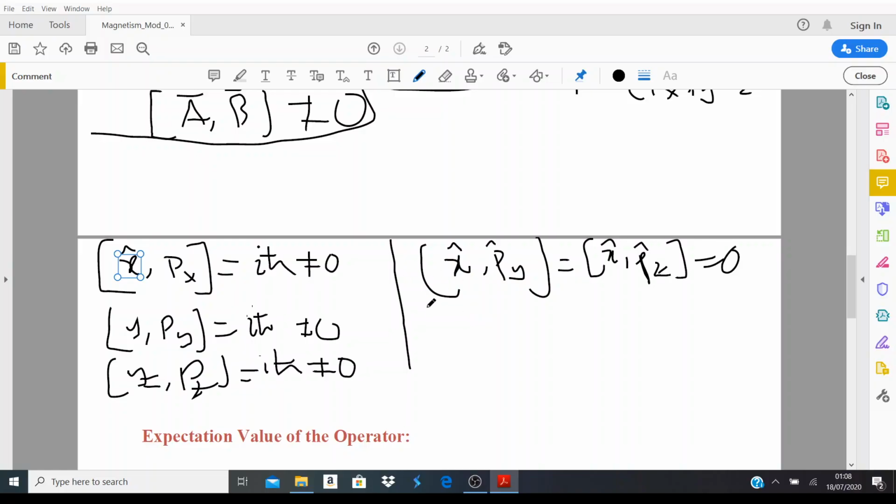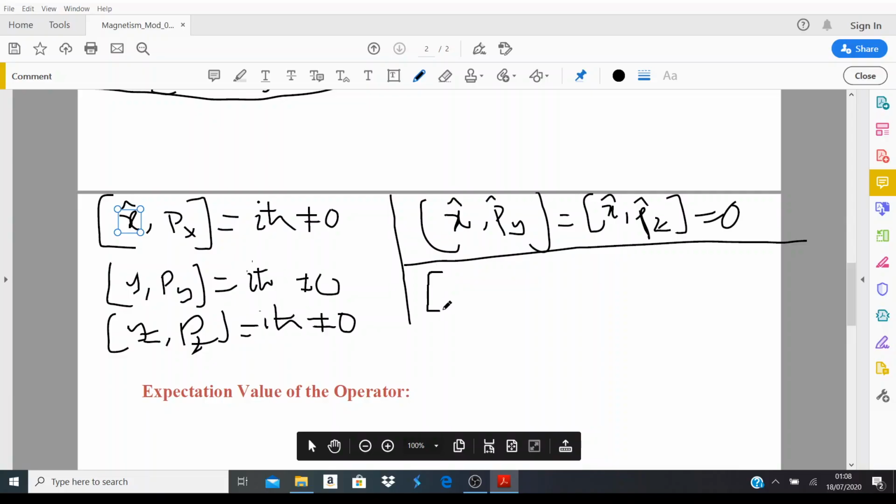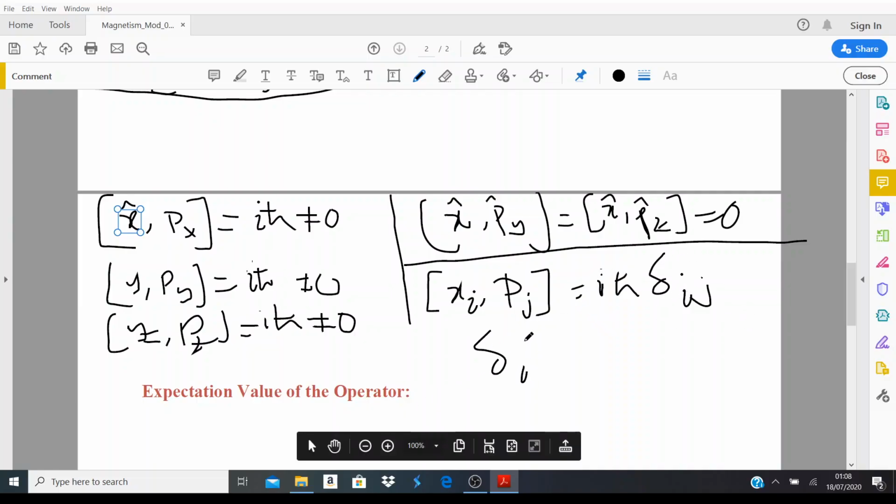So remember this, and let me give you the one last final equation about this commutation. Usually all of this relation can be summarized with this single expression, that the commutator between x_i and p_j is iħ times the Kronecker delta. And you know what the Kronecker delta is.